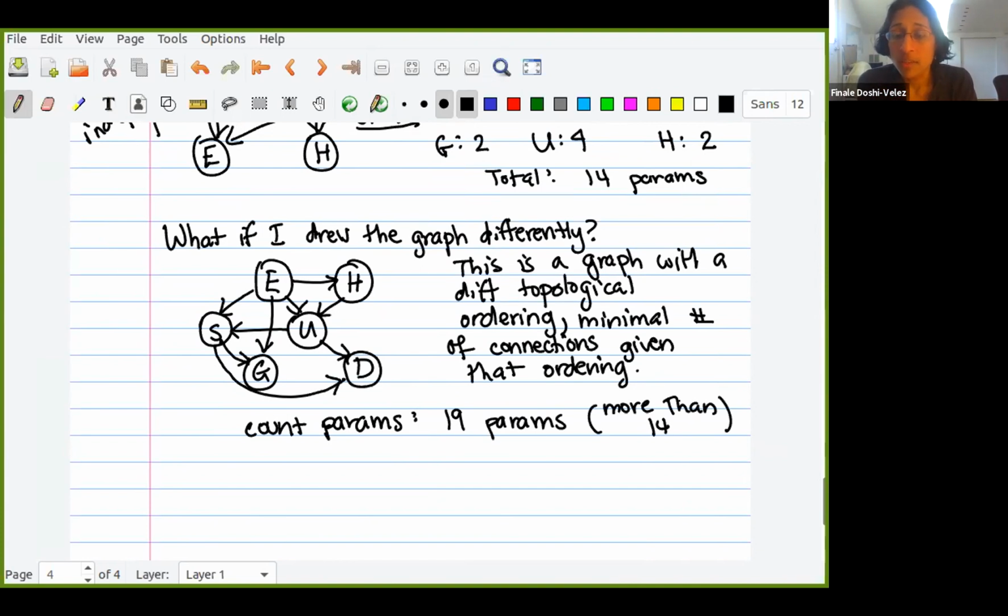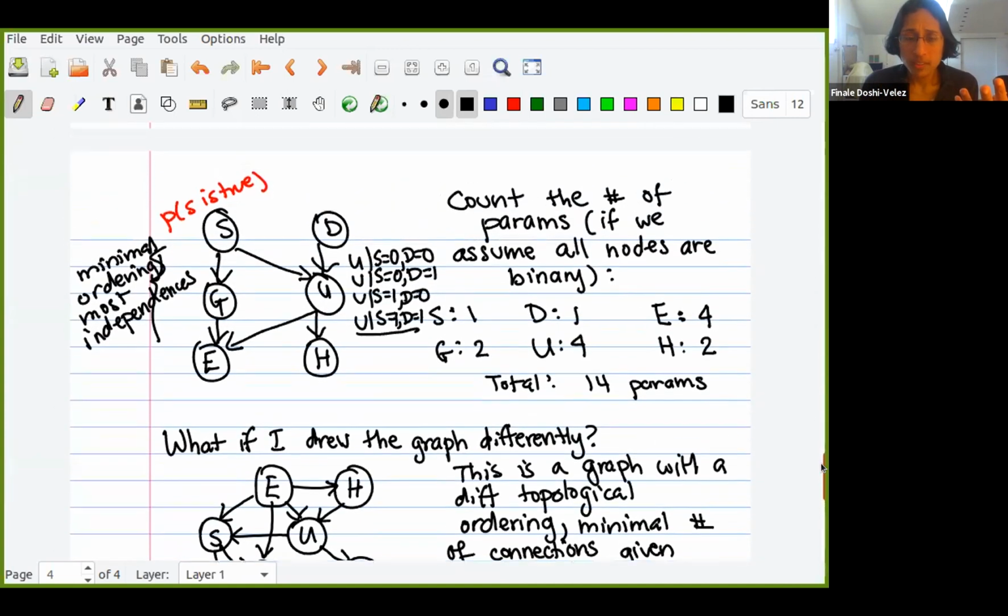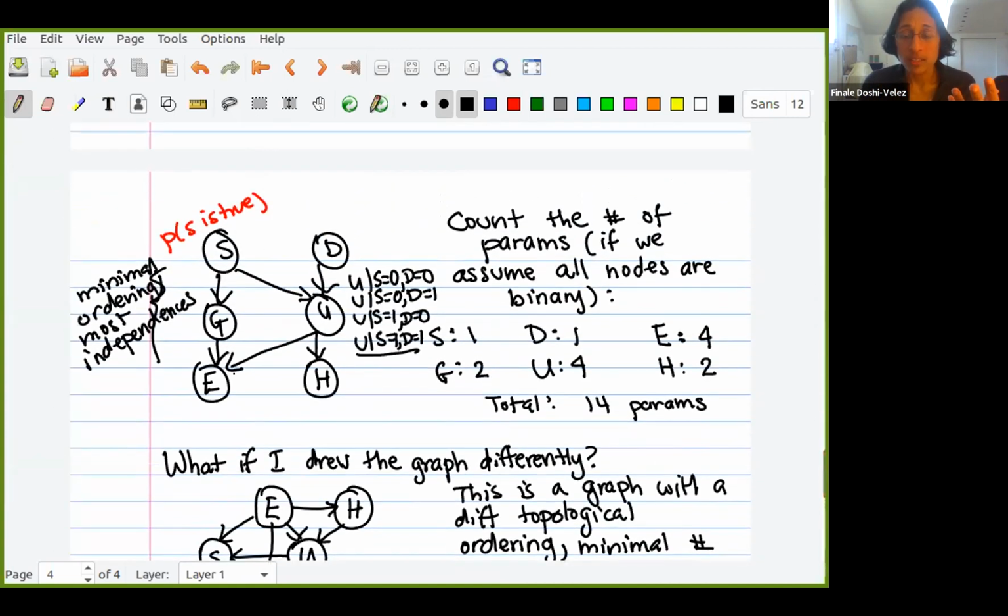There's certain minimal dependencies, and in some senses you're encoding extra. You have to learn more parameters rather than if you had the sort right. So if you had the ordering of the variables correct from the beginning and you knew that S and D were at the top, then you could make this smaller graph. But if you didn't know that and you tried to force a different ordering, you'd get something else.